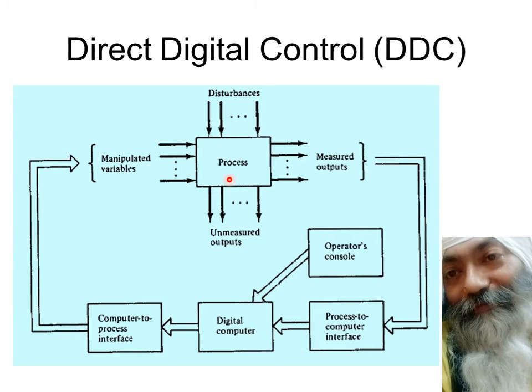The process may be spread over miles, and such a large number of wires from the process to the digital computer can be very costly. And the biggest problem is that if this direct digital computer, which is controlling this entire thing, fails, then the whole process goes down.